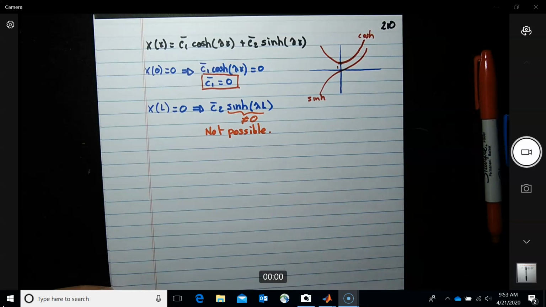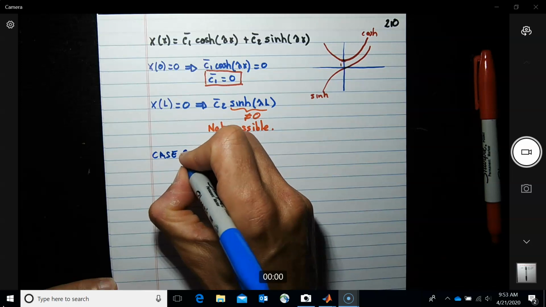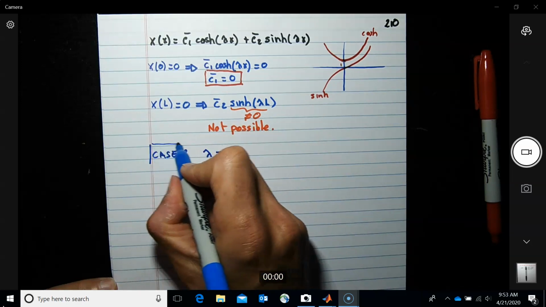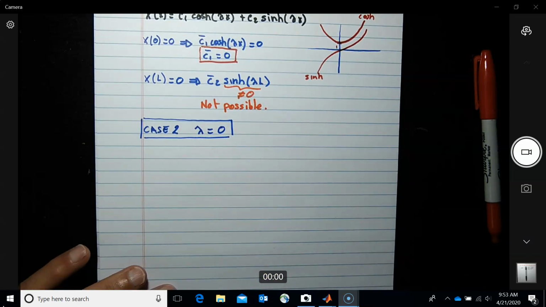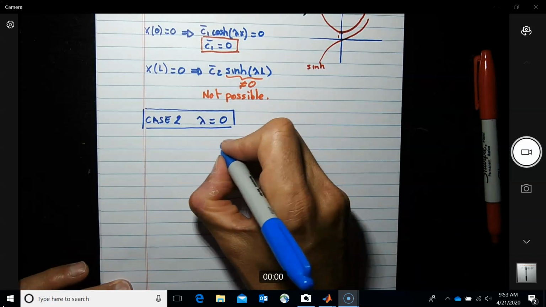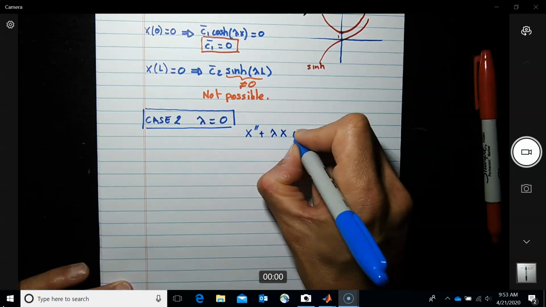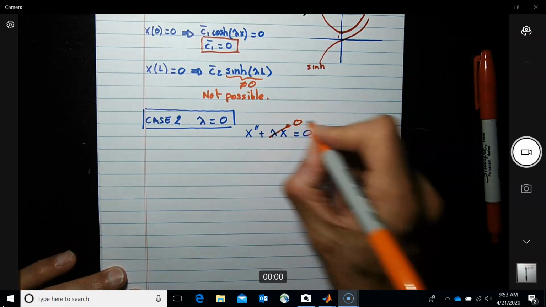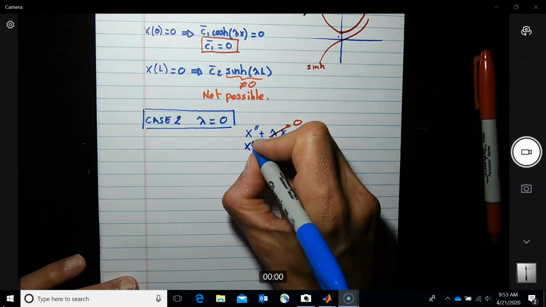So we need to go then to case 2, where this time will be when lambda equal to 0. Okay, so if lambda equal to 0, let's recall the initial equation. So we have X double dot plus lambda X equal to 0. So if lambda equal to 0, this is equal to 0, which will mean that X double dot equals 0.